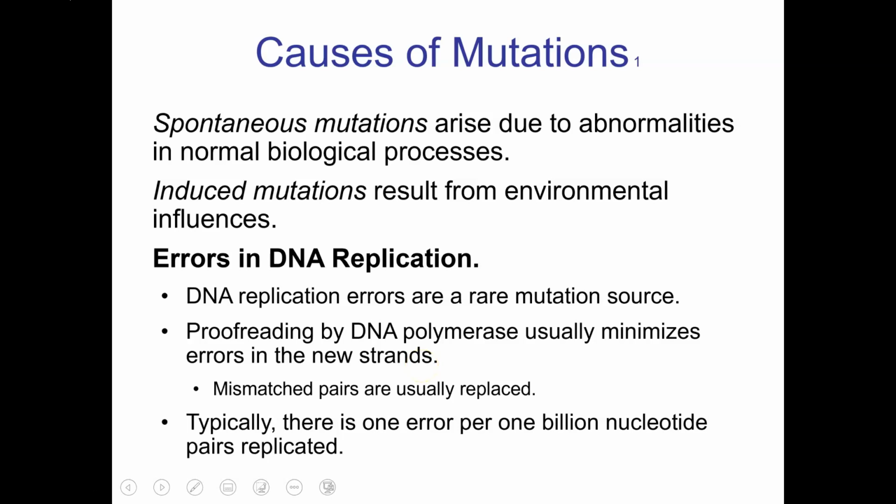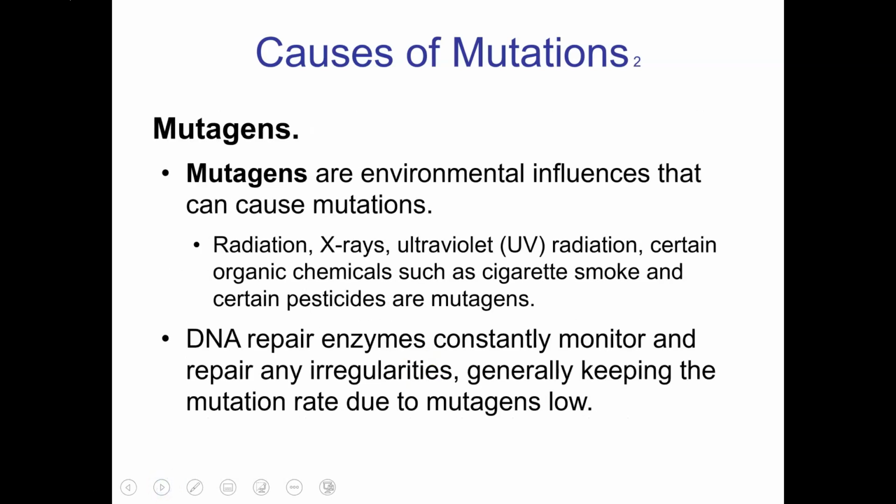Spontaneous mutations do occur, and the more common way that mutations occur is through mutagens. Mutagens are environmental influences, such as chemicals, that can cause changes in DNA. Radiation, X-rays, and UV rays can cause different mutations within DNA.